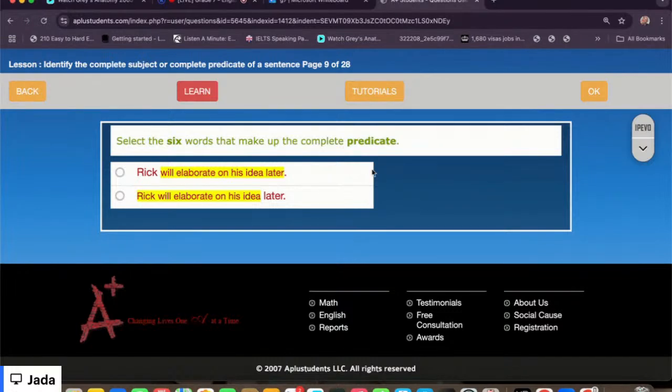So, which of these is the right one? We have this one.